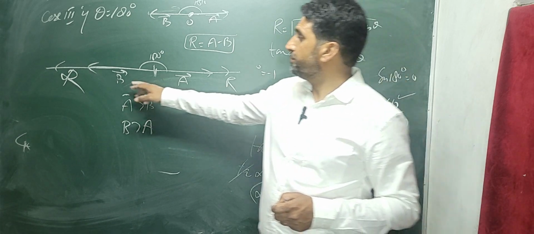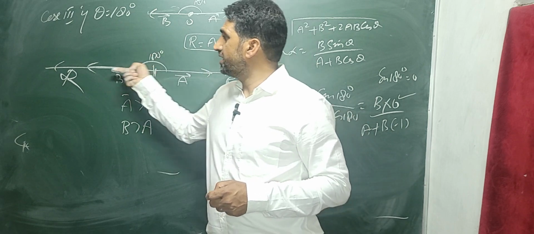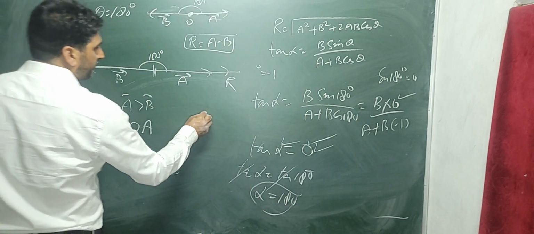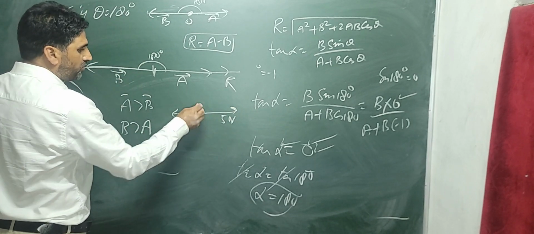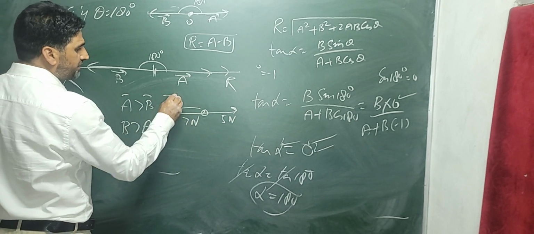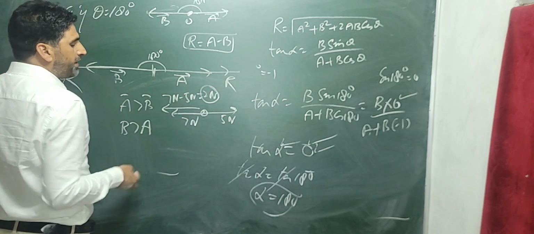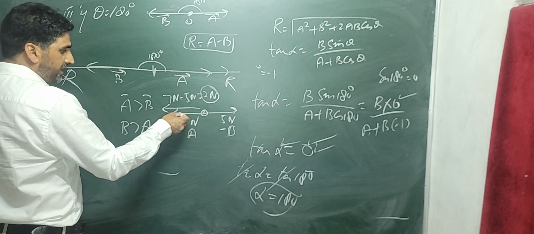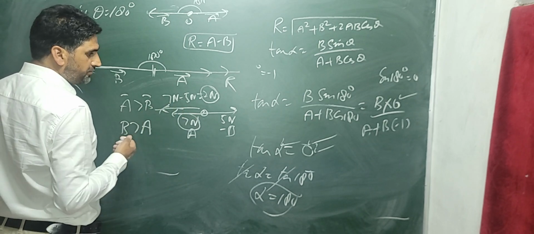But if B is greater than A, with respect to this line, then it's 180 degrees, R is moving along this direction. Simply, we can understand it like this: if a force of 5 Newton is along this direction and a force of 7 Newton is along this, obviously the object will move along this direction with the resultant 7 N minus 5 N, equal to 2 N. 2 N is the magnitude part, this is A minus B, and the direction will be along the 7 N, because 7 is the greater value.